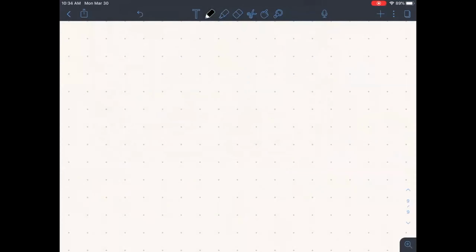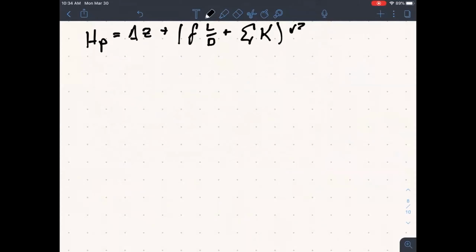Okay, so let's write that out a little bit better. Our Darcy-Weisbach equation plus sum of our minor loss constants, V squared over 2g. It's just one pipe. It didn't get bigger or smaller, so we're not dealing with different velocities.